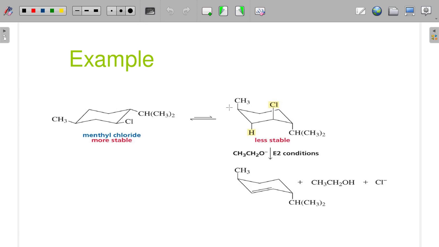And in this case, to get all of them axial, this thing's axial as well. It's in my way. I actually can't make an elimination there, so I'm only going to get that one product. Now, it can happen, even though that puts three bulky groups axial, it will happen enough that we actually will see some elimination. Just that one's going to be a harder reaction to go. Probably have to add a little bit of heat along too with everything.